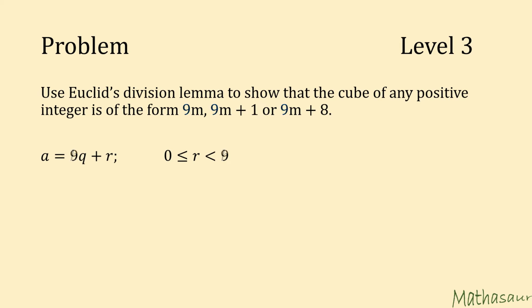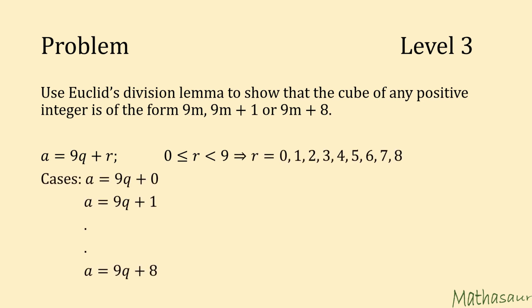Now r has to be less than 9, which means that r can take 9 values from 0 till 8. Now that's a lot of cases. Since we are talking about cubes of positive integers, we can take cube on both the sides in all these cases. You could continue this way. However, let us see if there is a shorter way to solve this question.